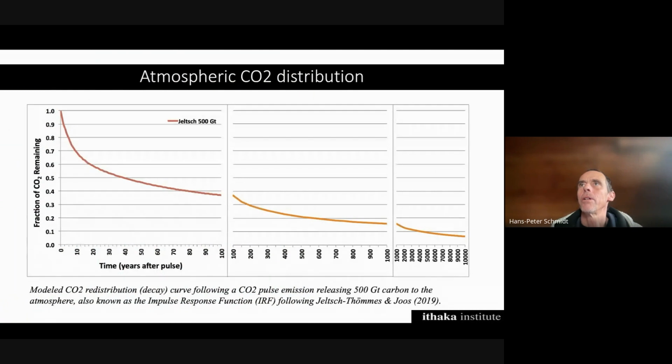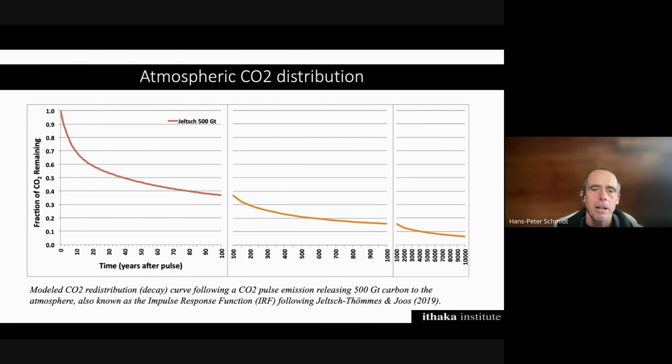So when you emit CO2 into the atmosphere, this CO2 will not stay there forever, or at least not everything of it. So CO2 is distributed to other carbon pools, first into the quick carbon pools, which are the oceans, and the biosphere and the pedosphere, which is the upper part of the soil, and also the anthroposphere, which is the built environment.